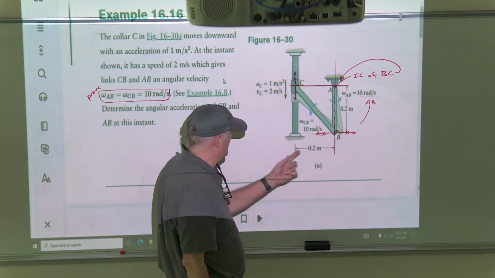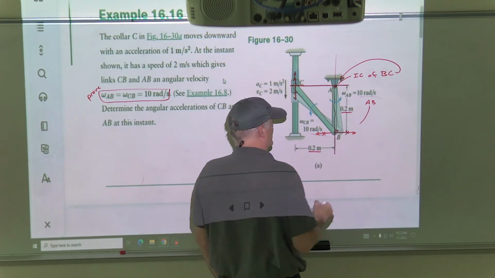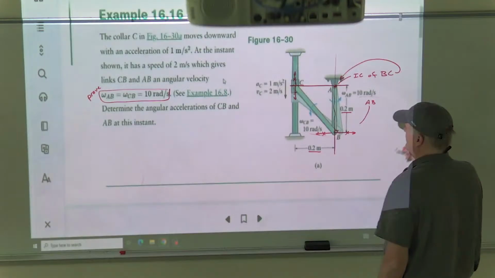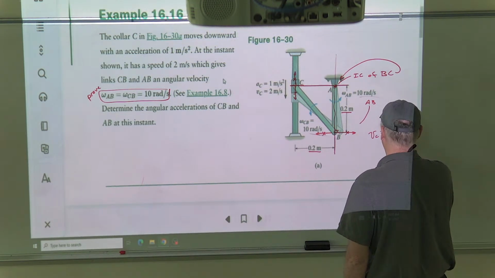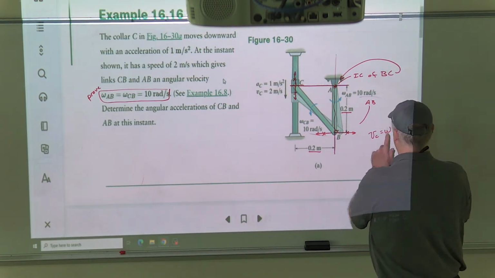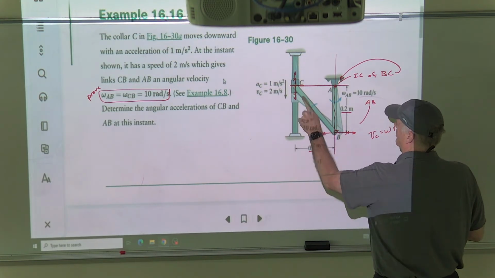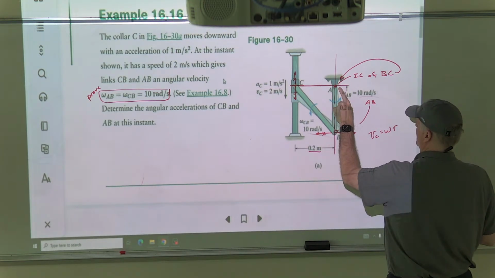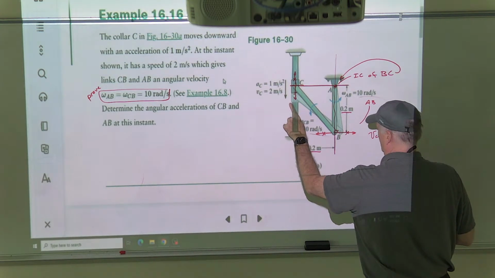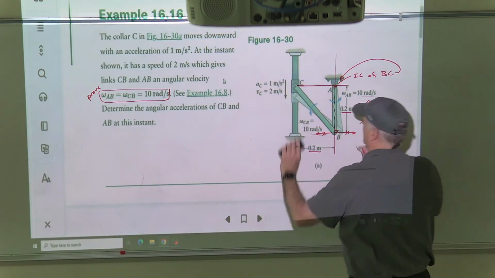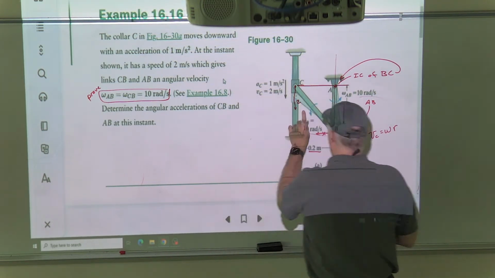And it just so happens that this is 0.2 and this is 0.2. So now let's look at the velocity of C. So the velocity of C is equal to omega times r. But this is omega. C sits upon this rod whose instant center is there. I was told the velocity is going down at 2, so I have to obey that and say it is going down at a velocity of 2.